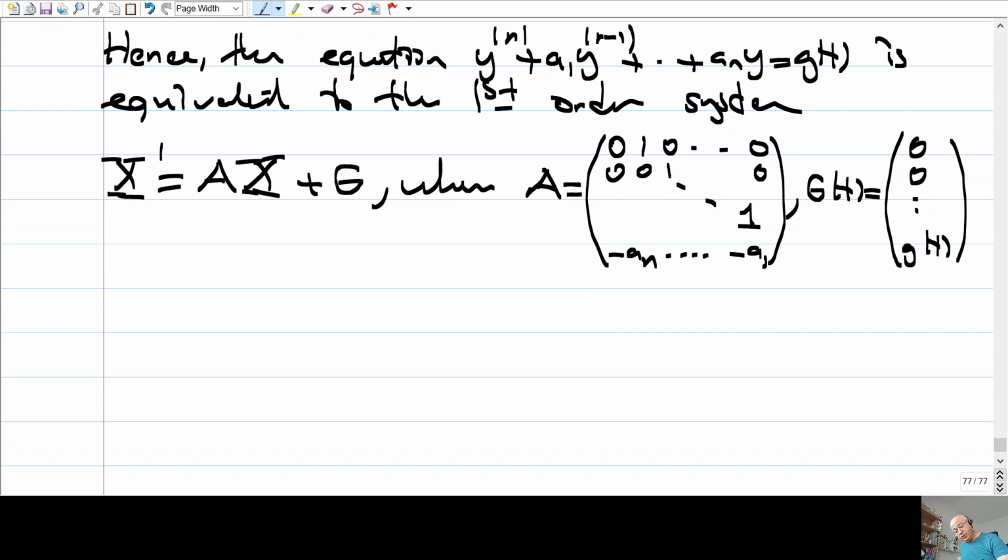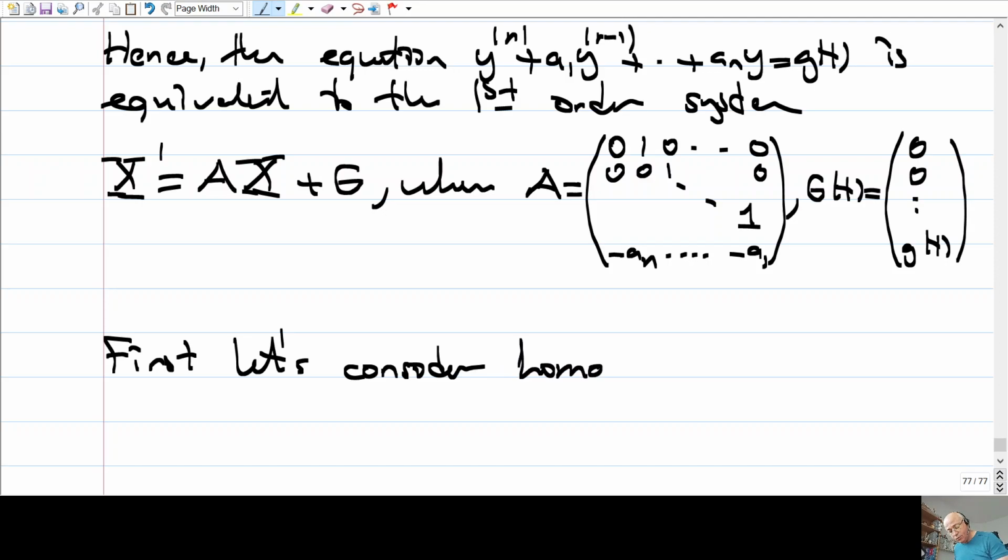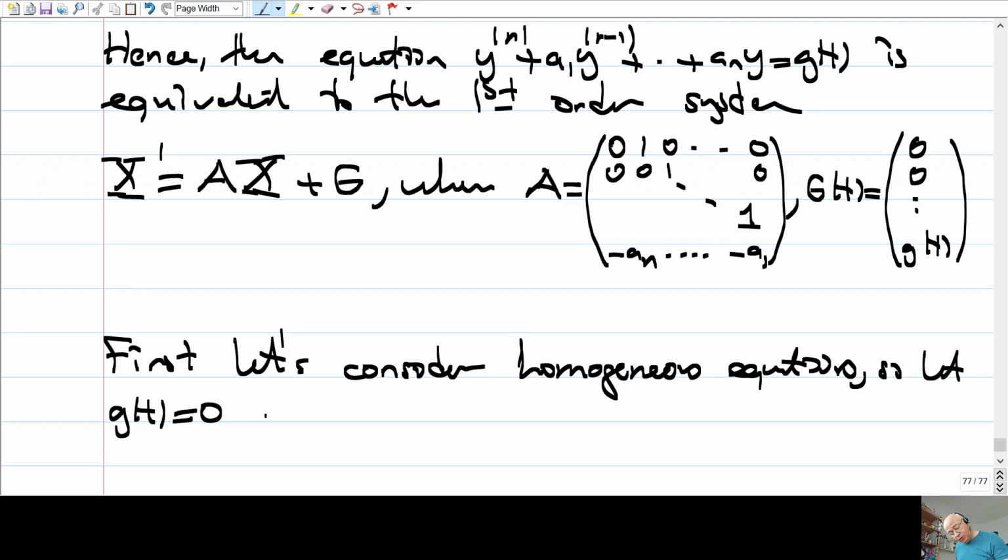First, let us consider non-homogeneous equations. So that let gt equals 0 and this big gt equals 0 matrix.